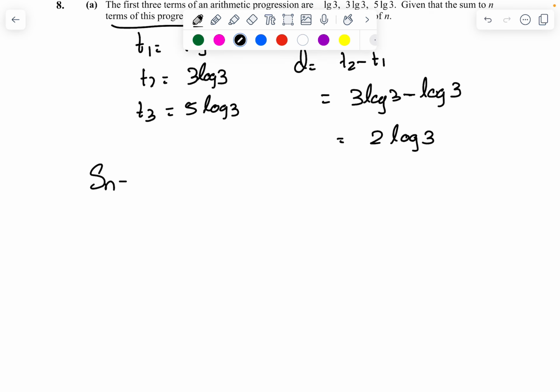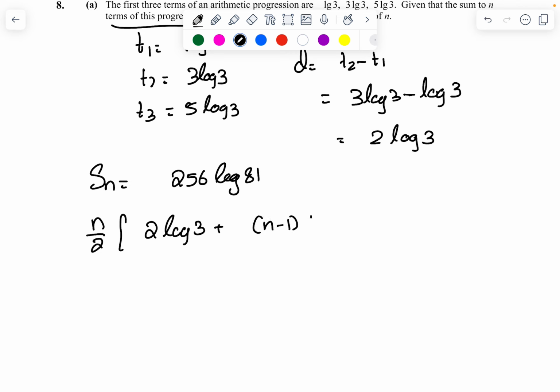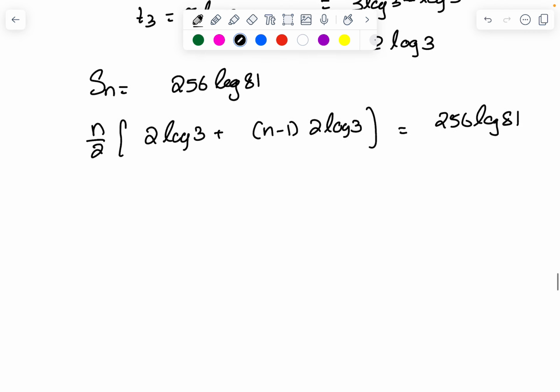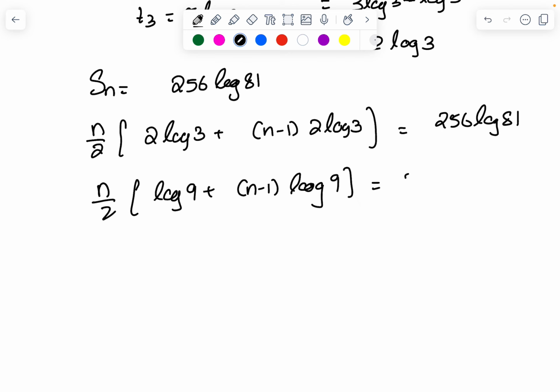So Sn equals 256 log 81. So n upon 2 times (2a, a is log 3, plus (n minus 1) d, 2 log 3) equals 256 log 81. N upon 2 times (log 9 plus (n minus 1) times log 9) equals 256 times 2 log 9.